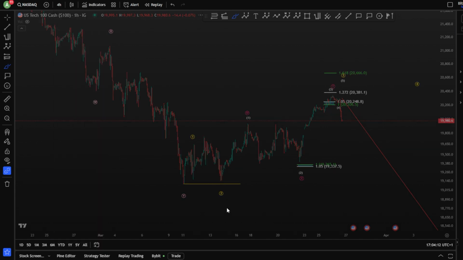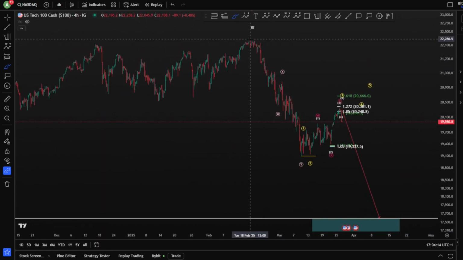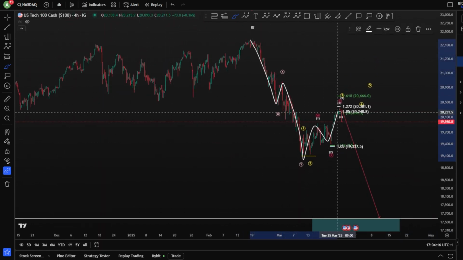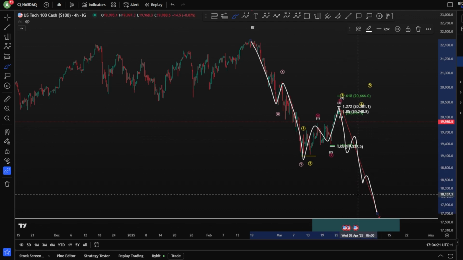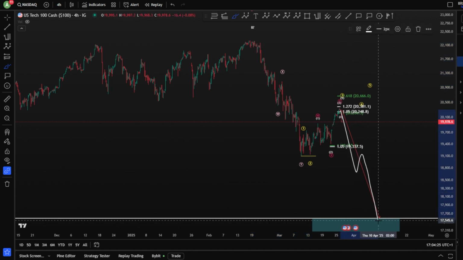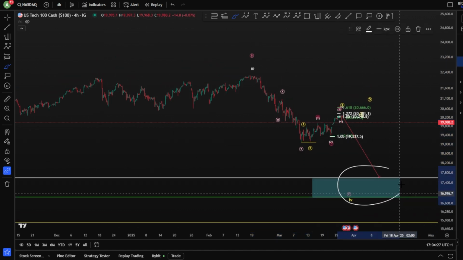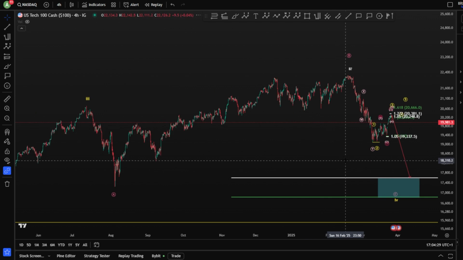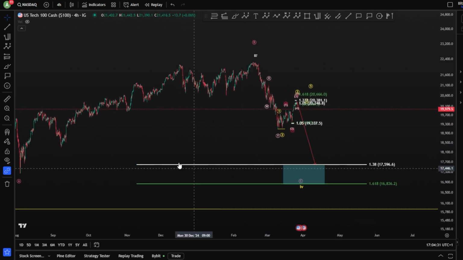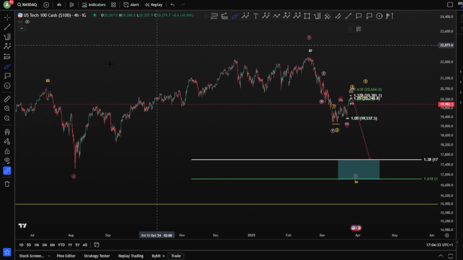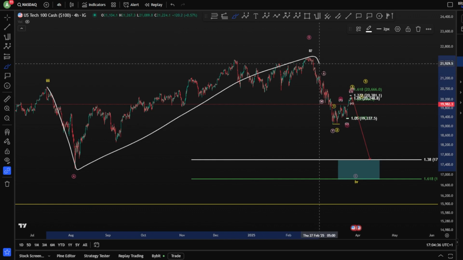In a bigger view, we are looking at a WXY. We see another WXY, 3 waves, and potentially we can get here a 1, 2, 3, 4, 5 towards the downside, or another zigzag. Nobody knows. Our next target would be the 1.38, 1.618. In confluence, we're going to make some confluence targets.